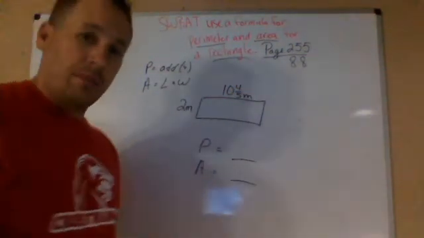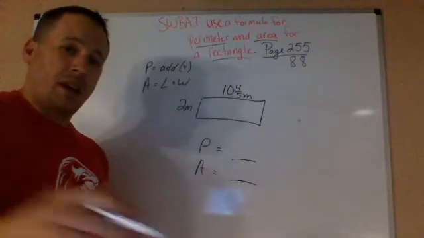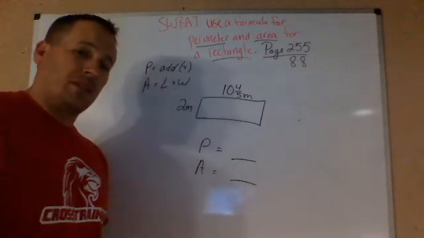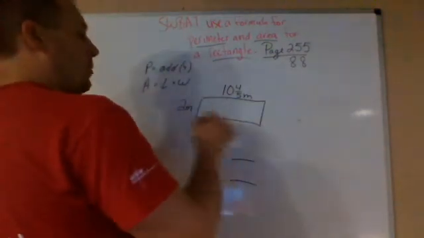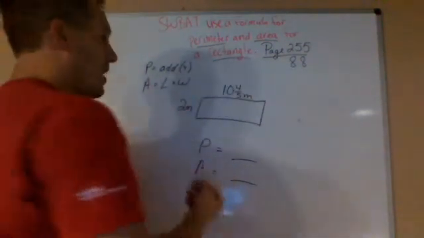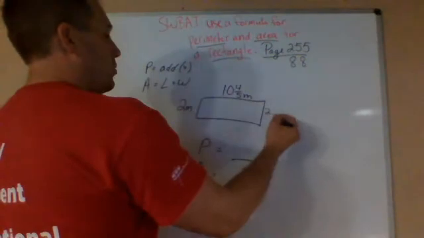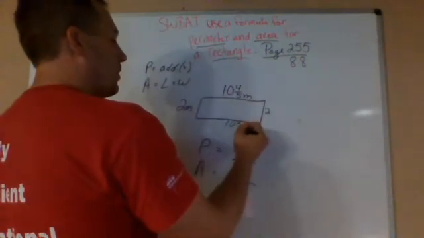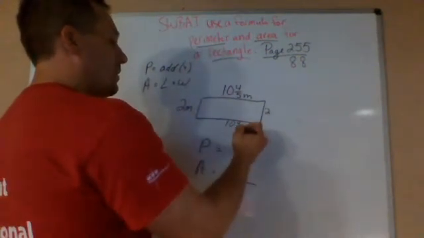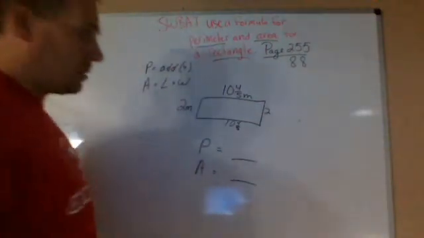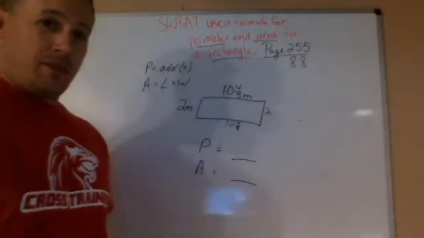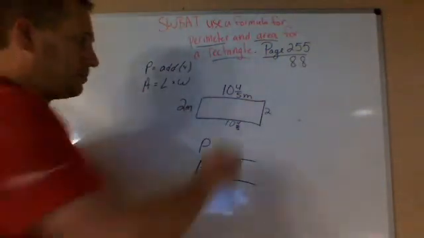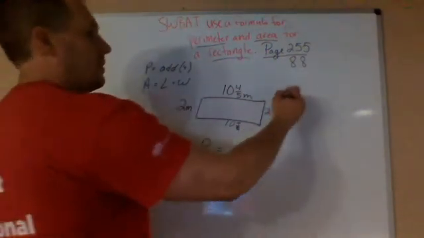So that's where this might bust you up, is to understand how to work with the fractions. But don't let it stop you, okay? So we're going to do perimeter first, so we need to do how far it is around. We know this is 2, and we also know this is 10 4/5, okay? So what I'm going to do is take the 10 4/5 plus the 10 4/5 first, because I want to get the fractions out of the way.